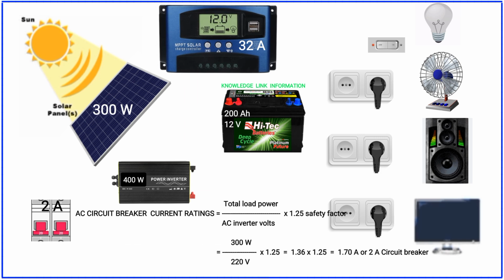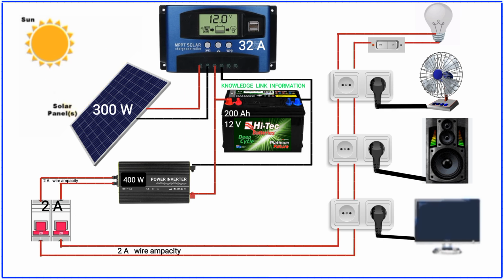We can connect like this if we can buy all the materials, including the AC wall socket and switches. Only the solar panel fuse ratings and power inverter fuse ratings are missing on this video because we do not have enough space to connect in the wiring diagram that we created.